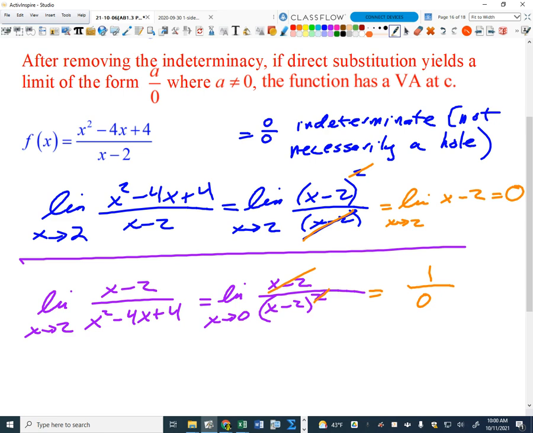So this one actually does end up having a vertical asymptote. Make sense? And now we could be more specific if we were taking a one-sided limit here. What if we were approaching 2 from the right? Well, then we would have ended up on the bottom having 2 plus minus 2 is 0 plus, right? So we just would have had positive infinity. Everybody agree?